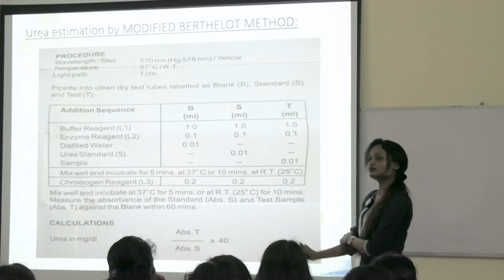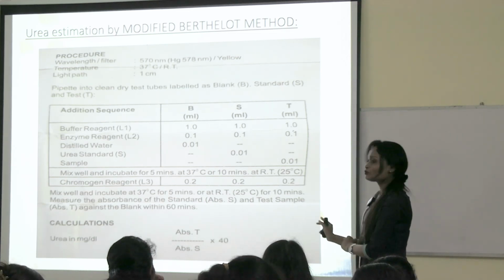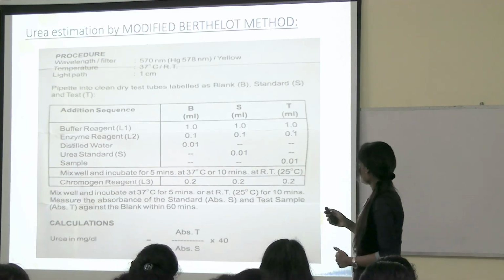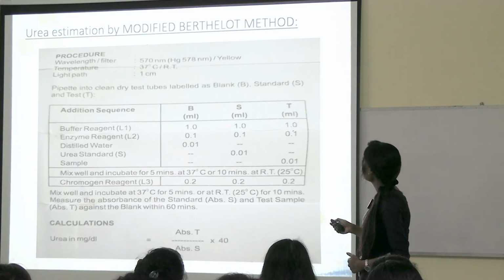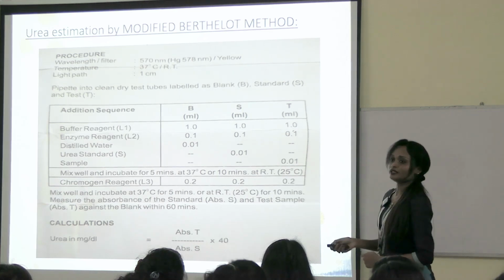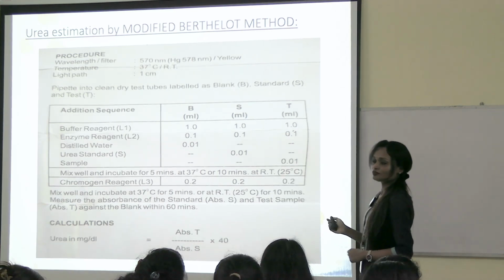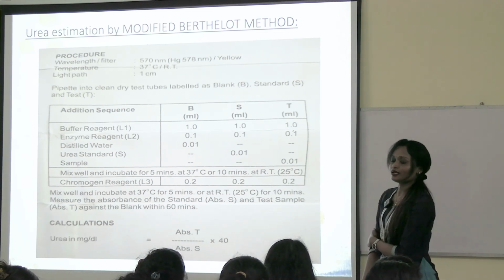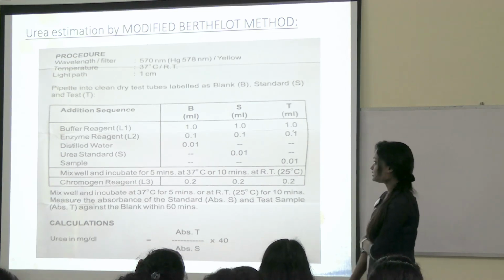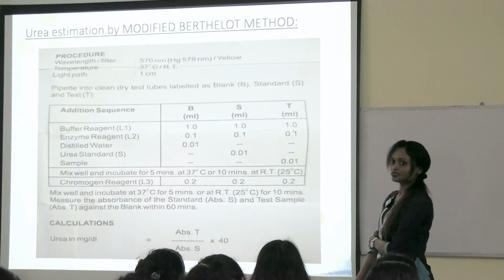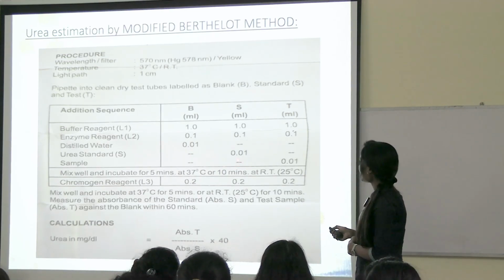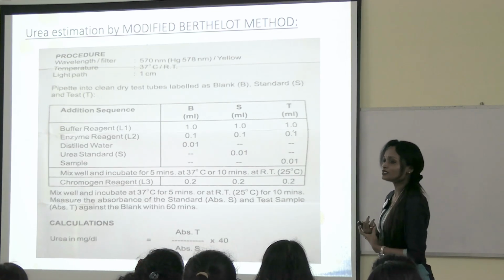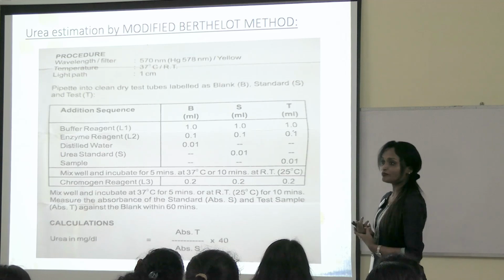Only write reconstitute reagent. For both test tubes, this is 1000 microliter, 1 ml. Reconstitute reagent 1 ml for both test tubes, 1000 microliter for both standard and test. Then add standard, this 0.01. 0.01 means how many microliter? 0.01 is 10 microliter.